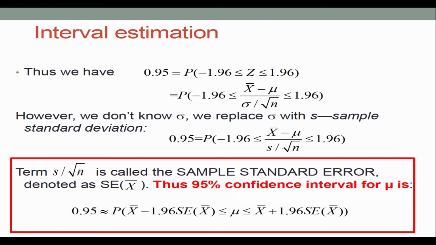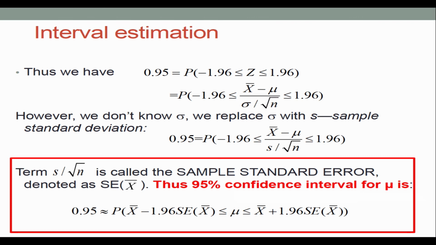Then you multiply the denominator on the 3 terms together. You get negative 1.96 times S over square root of n, less than or equal to mu minus X bar, less than or equal to 1.96 times S over square root of n, right? Then you add X bar on those 3 terms together.